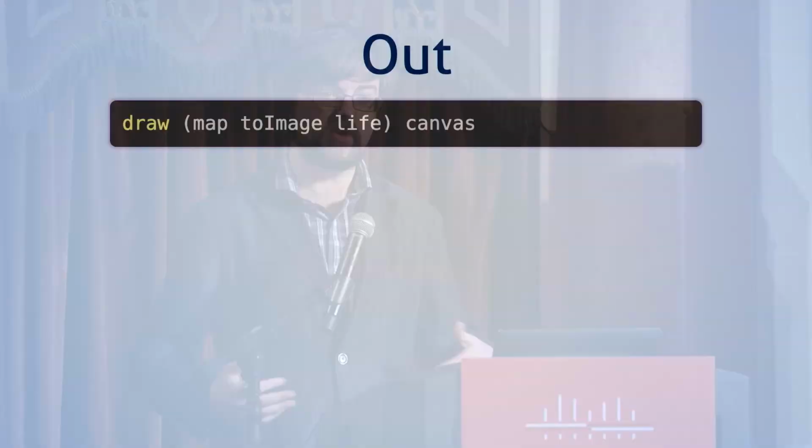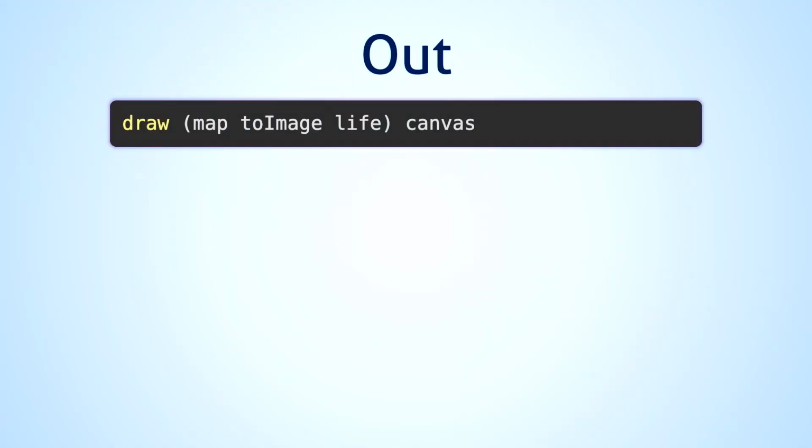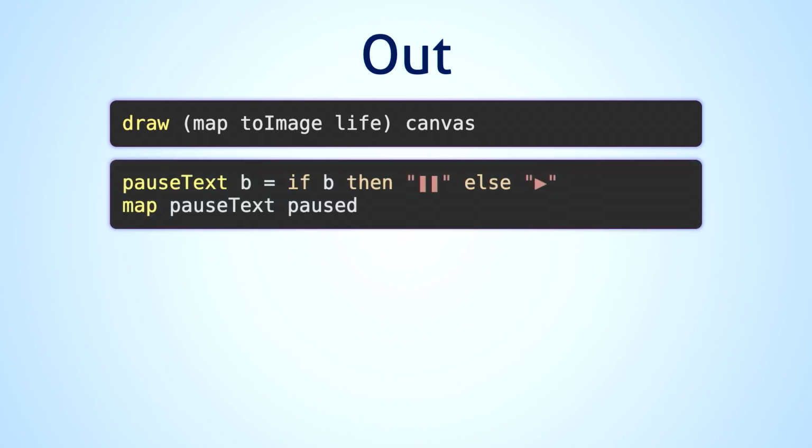And then finally, once we have this behavior, we need to factor it into the UI. So the basic thing is we actually just draw the game of life. We turn it into an image, and we draw it on some canvas. And then another thing I like is that a lot of the other UI elements can be expressed in a similarly high-level way.